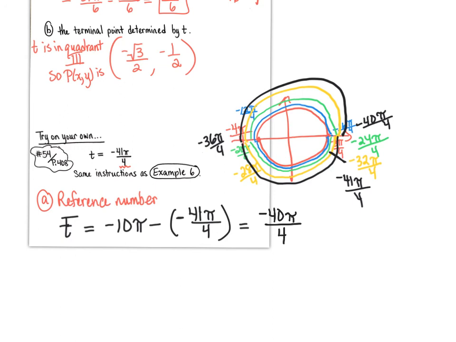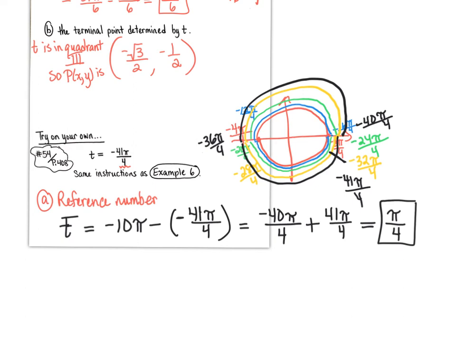And then minus a negative makes it what? Plus 41 pi over 4. That gives us what? 1 pi over 4, or pi over 4. Very good. So that is your reference number. That's how you find your reference number.